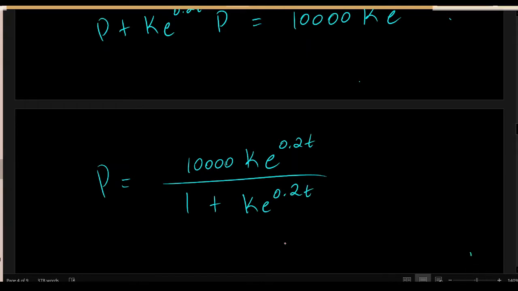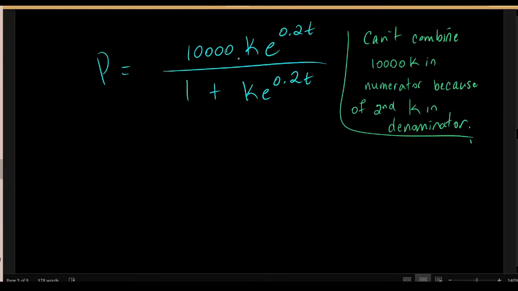Now, some of you may be wondering why I have not yet decided to take the 10,000 times k in the numerator and combine these two constants maybe into a new refreshed k. The issue is that in this expression, the 10,000k in the numerator is not the only place that the symbol k appears.